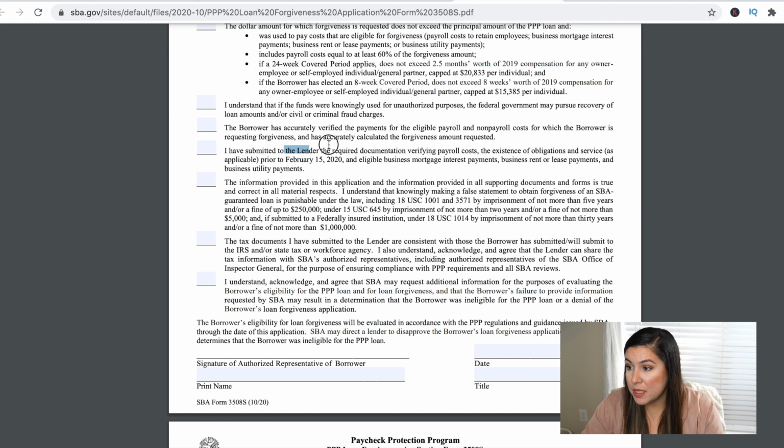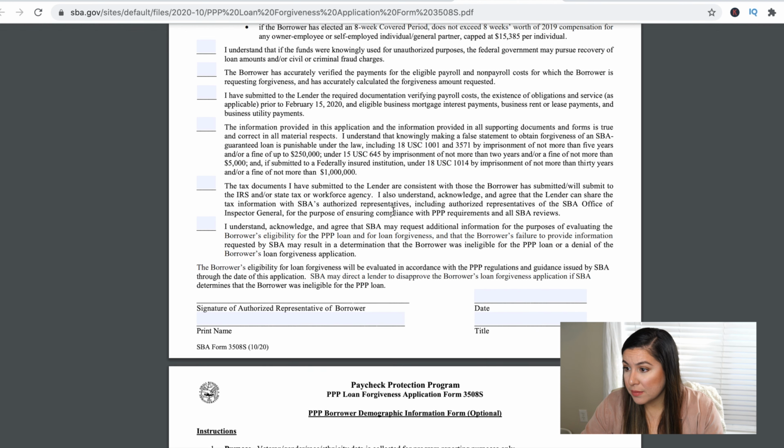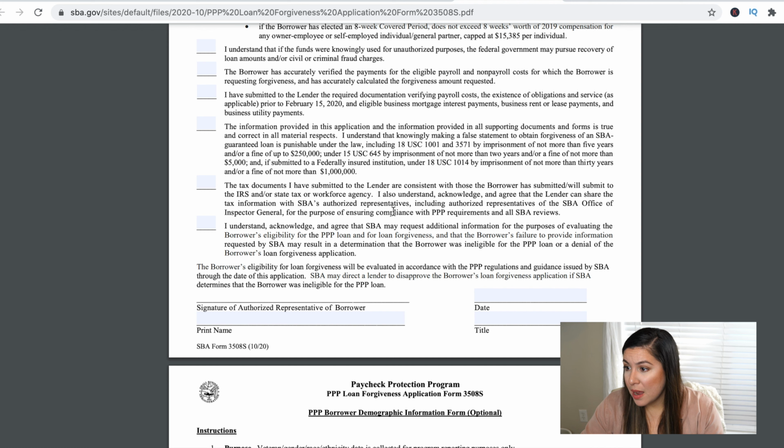So the lender should still request documentation verifying your information. The information provided in this application and the information provided in all supporting documentation and forms is true and correct in all material respects. And then it talks about any penalties you could have if you do not provide the correct information.